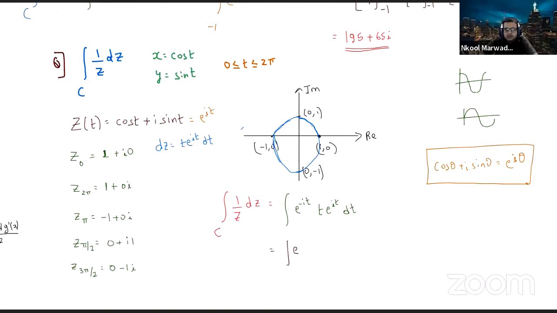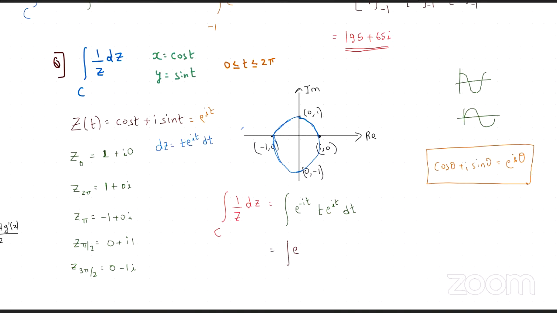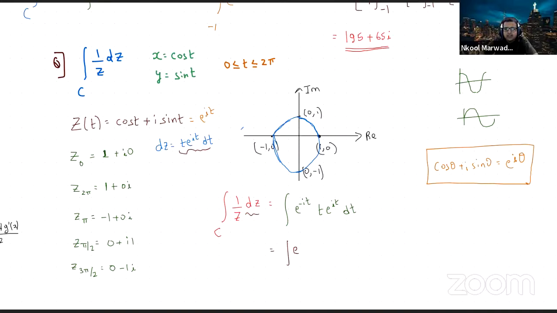See, 1/z dz, in place of dz we put i e^(it) dt. 1/z is 1 upon e to the power of it, so it will be e to the power of minus it. And dz we have calculated by differentiating z with respect to t.